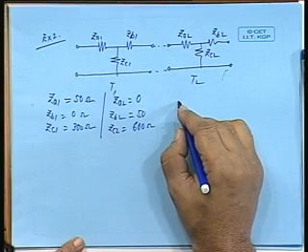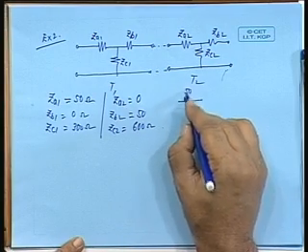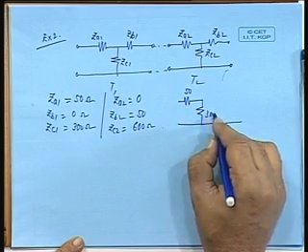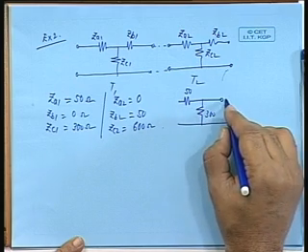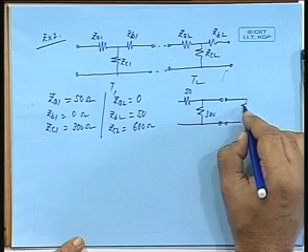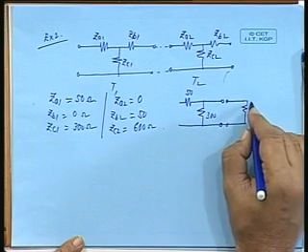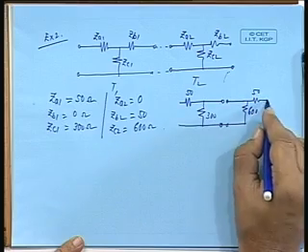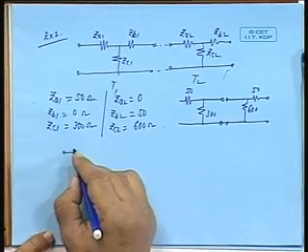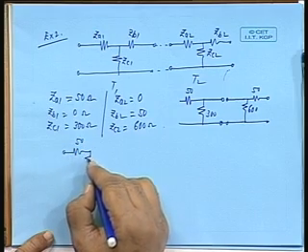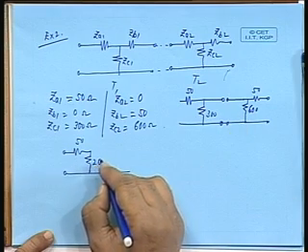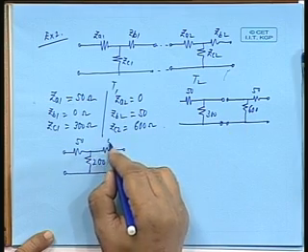Let us draw this network first. This is 50 ohms, this is 300, this is 0, this is 0, this is 600, and this is 50. You see, the network is very simple, it is a pi network. If I combine them, it will be 50 ohms, 600 and 300 in parallel, that gives me 200 ohms, and 50 ohms.